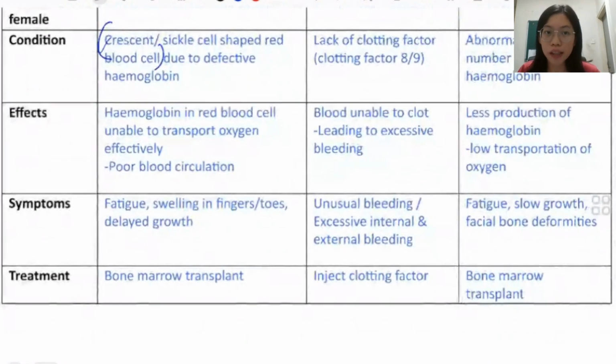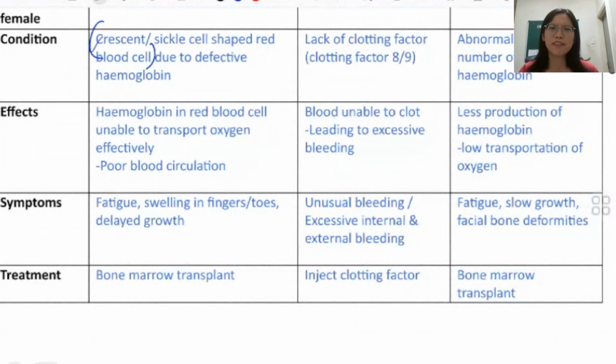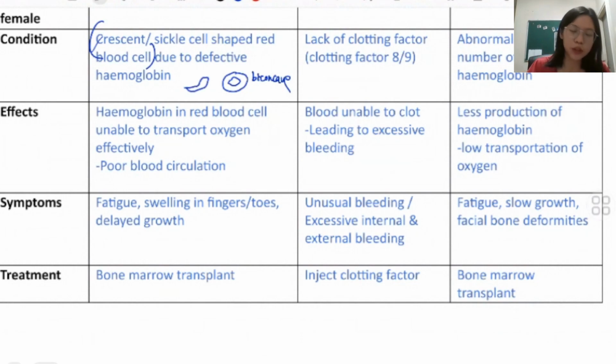And what are the effects if you have this crescent red blood cell? Your red blood cell is unable to transport oxygen effectively, because supposedly red blood cells should be a biconcave shape, right? That's why you get to increase total surface area to transport more oxygen. But now it becomes a sickle cell shape. So you can see how it affects the total surface area.